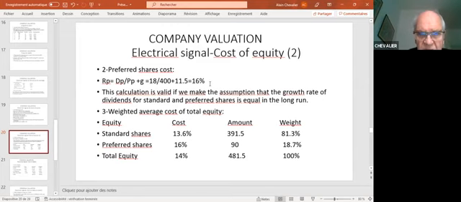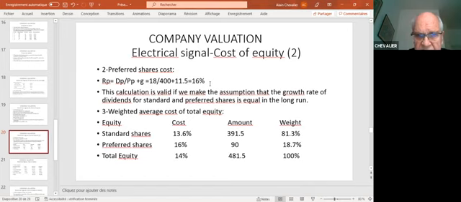If we want to calculate something comparable to what we have done for the ordinary shares, for the preferred shares, it means if you want to calculate the cost of equity of preferred shares, we need to use again the same model, and we get a dividend, which is 18 and not 12 right now, divided by what?